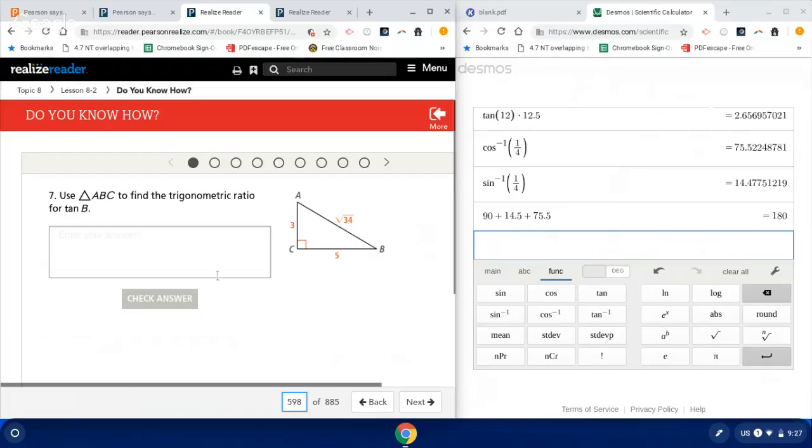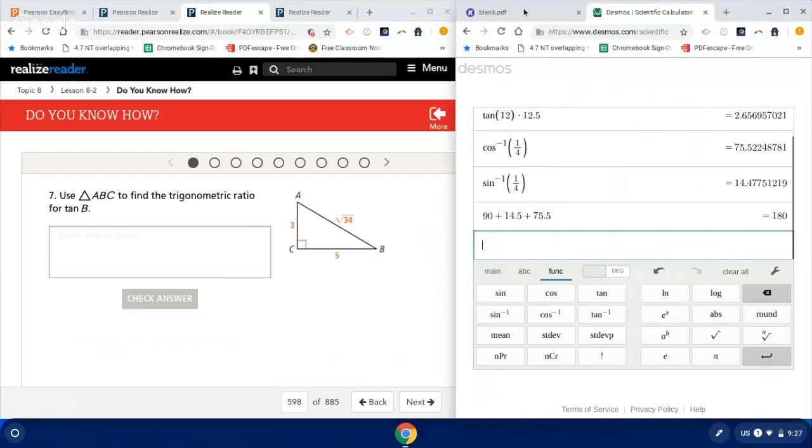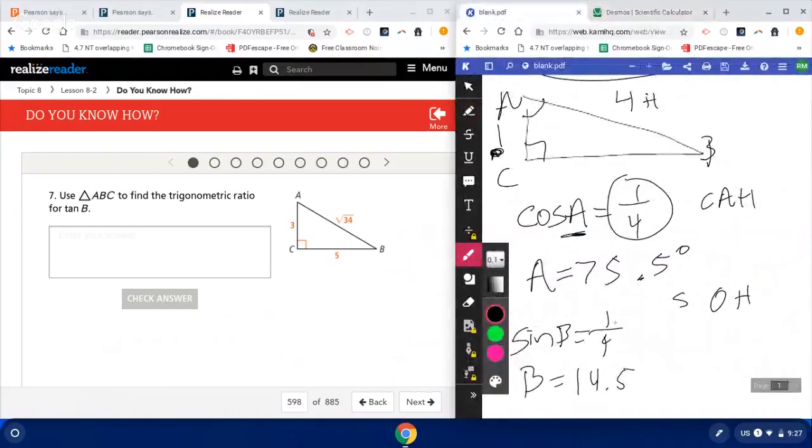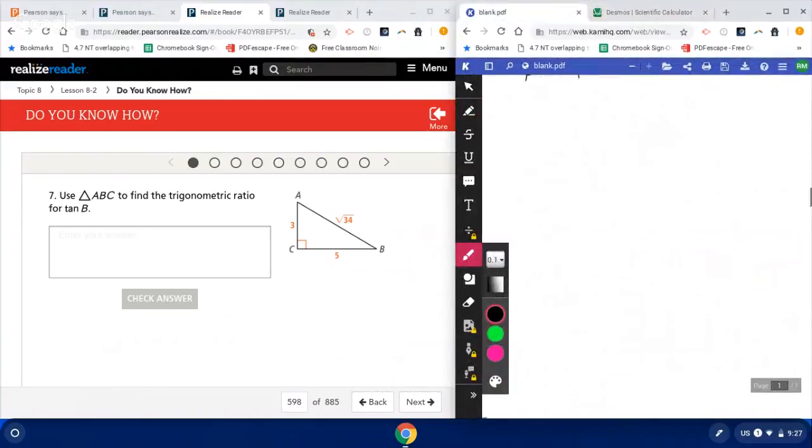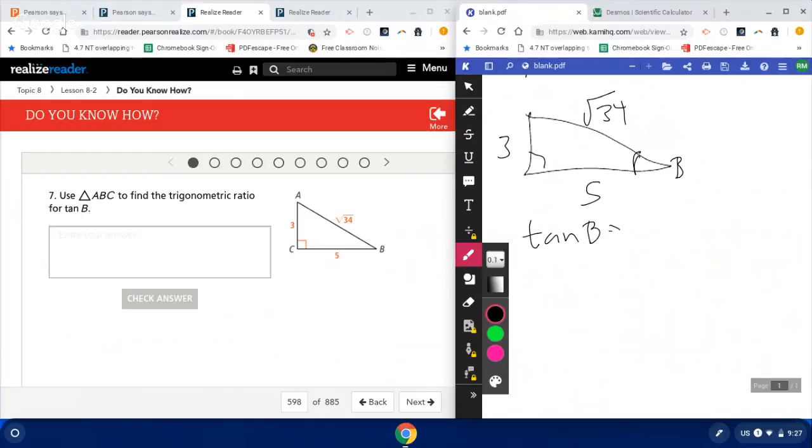So here they're asking for us just to write down the ratios. So they give us the triangle and they ask, what's the trig ratio? What's the tan of B? So sometimes they just like to ask for us to come up with the fraction. I'm going to write down the triangle, the tan of B. So there's my B. So that means tan of B equals, and they're not asking us to find B, they're asking us just to write the fraction.